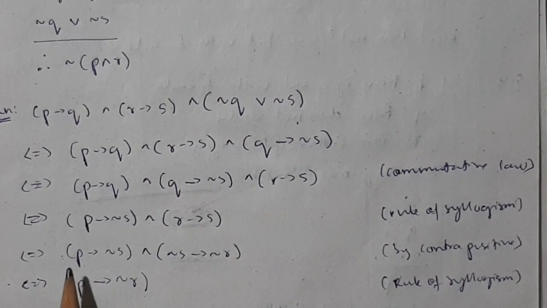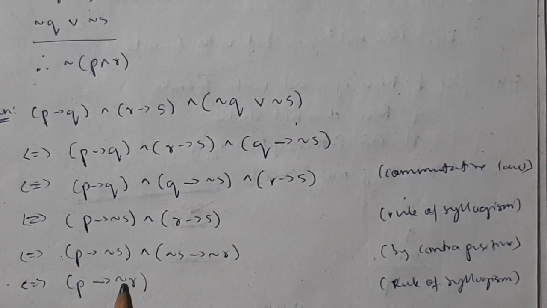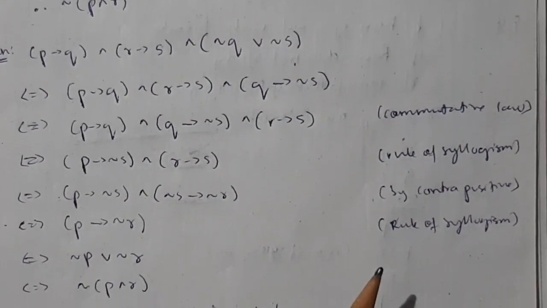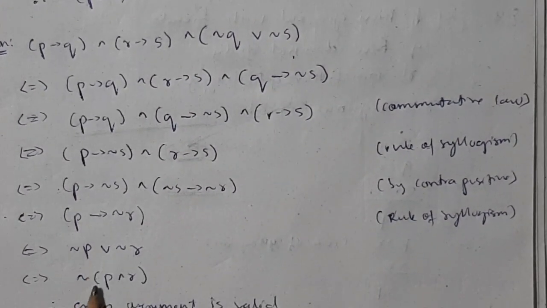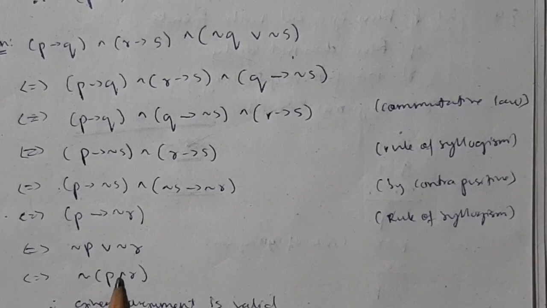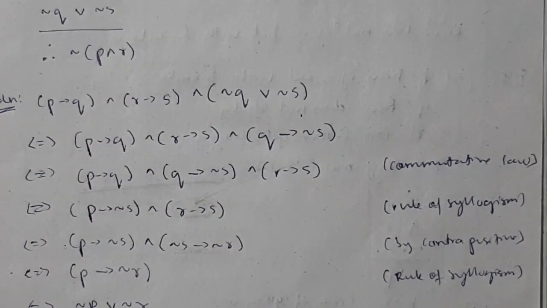We can apply the rule of syllogism here. When we apply that, we will get P conditional not R, and by using the rule of conditional, we can write it further in this form. We can take the not outside, De Morgan's law, and we will end up with this. Now check if it is the same thing which we had to prove. Yes, it is the same thing, so the given argument is valid.